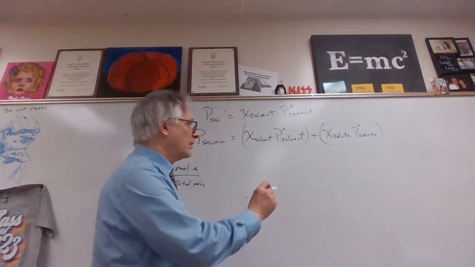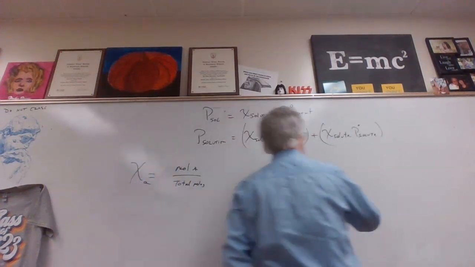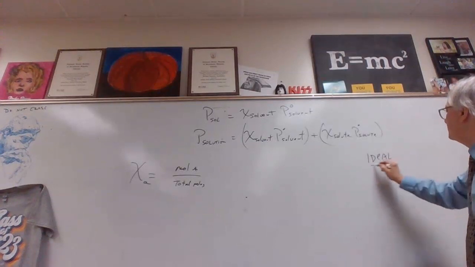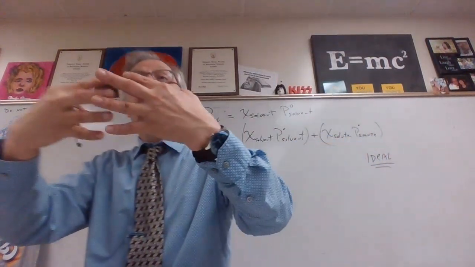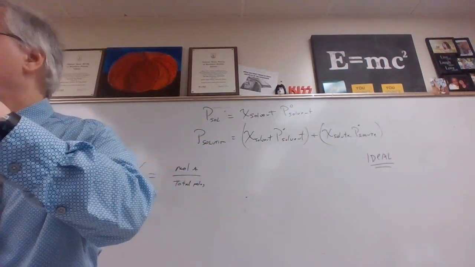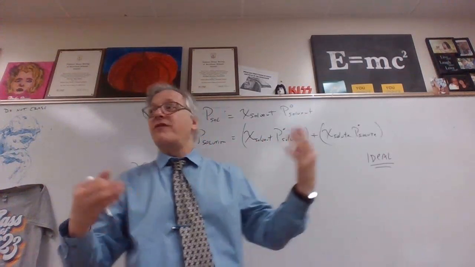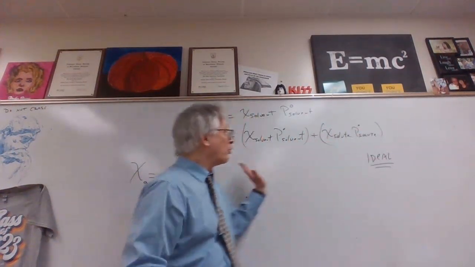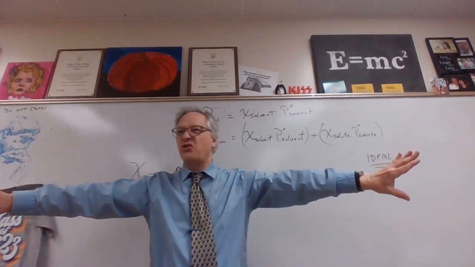And I want to mention, this is an ideal equation. This is for the case of ideal solutions. What that means is that we are assuming that there's no interaction between molecules in our mixture here. So if I put, say, ethanol in water, ethyl alcohol in water, according to this, we're going to just pretend that the water and the ethyl alcohol are ignoring each other.